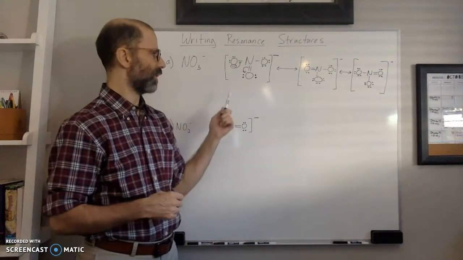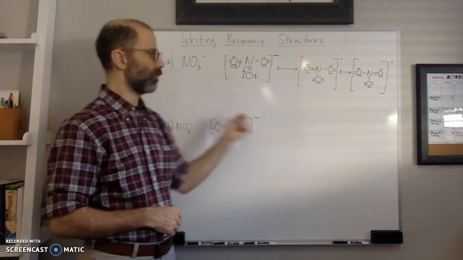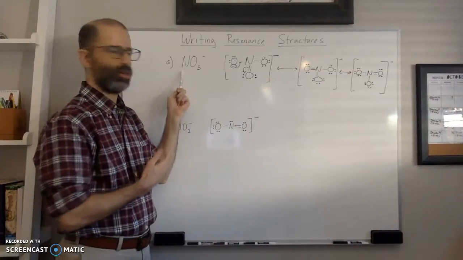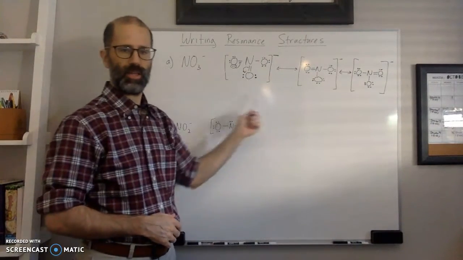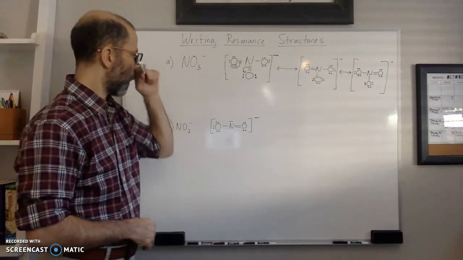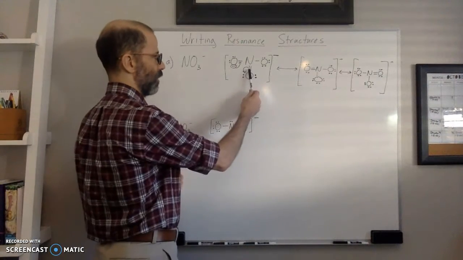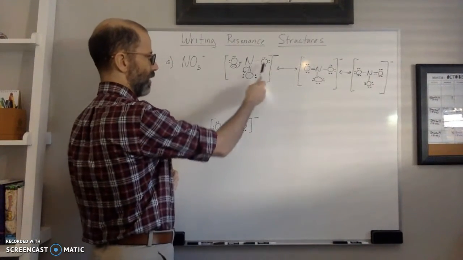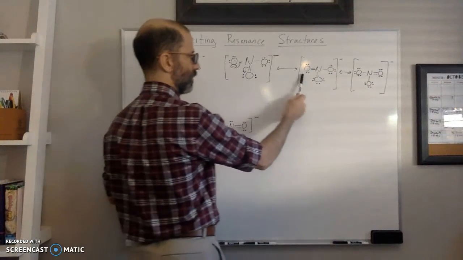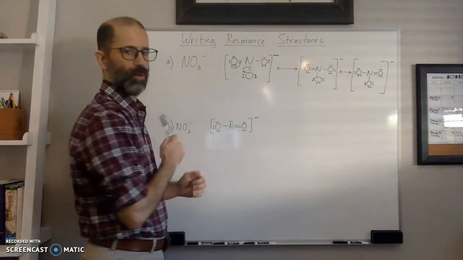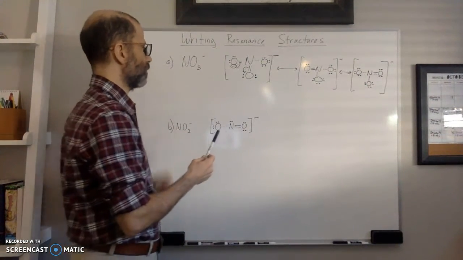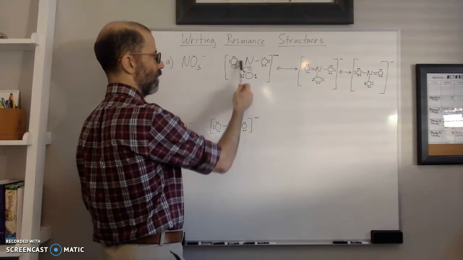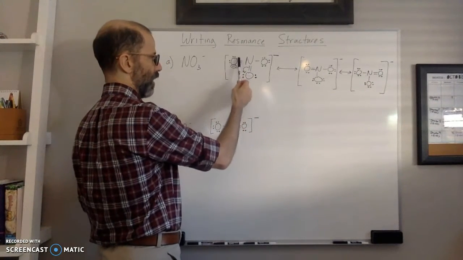What we really mean is that whatever this nitrate ion looks like, it's an average of these. So you could figure out the bond length here and average them by counting the number of resonance structures you have and the number of bonds you have as well.